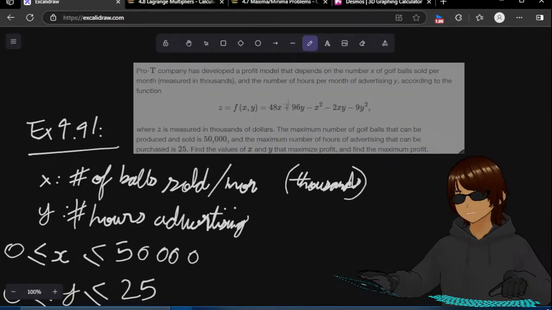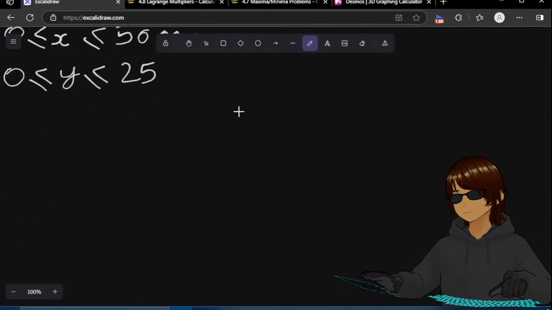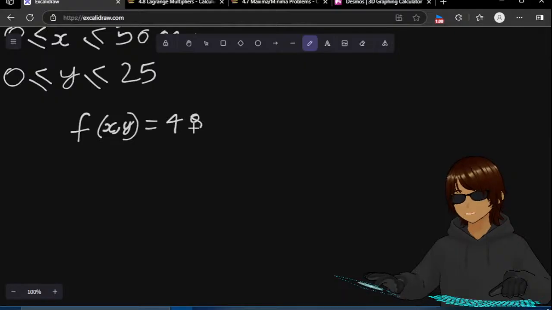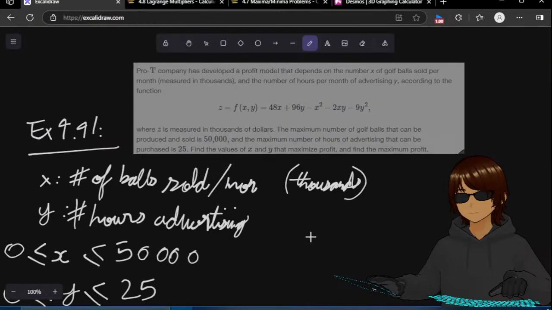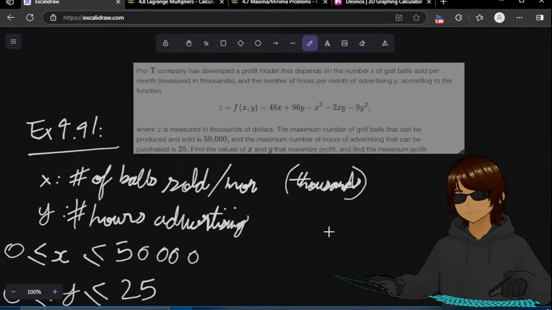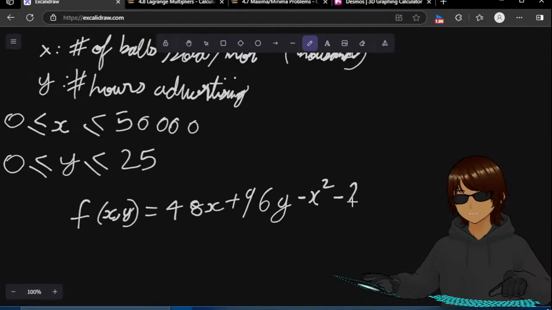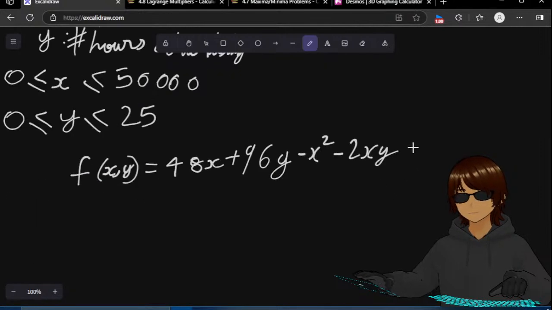We have this equation, so I think we need to find the partial derivatives. 48x plus 96y minus x squared minus 2xy minus 9y squared.